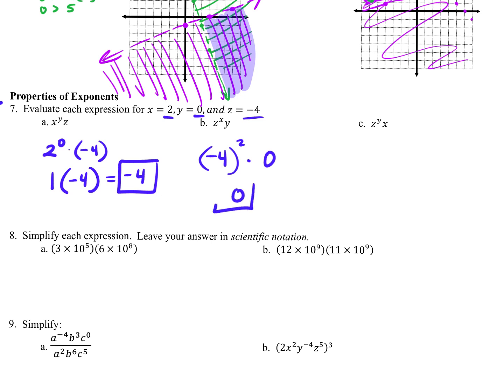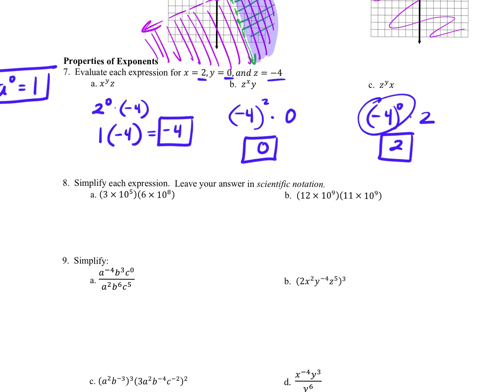So this is a value of 0. So if you go z to the 0 power times x, what does that equal? 2. This is 1. 1 times 2 is 2. Okay? Questions on that? Okay.